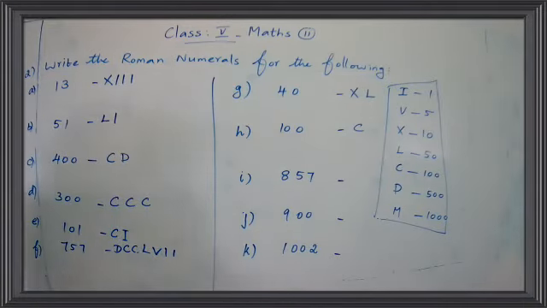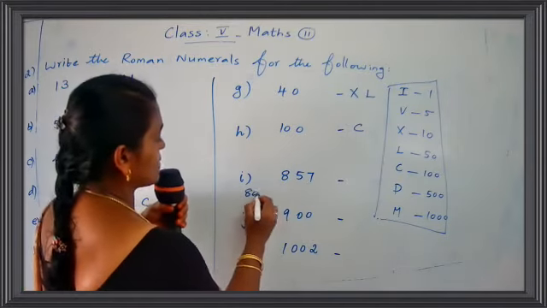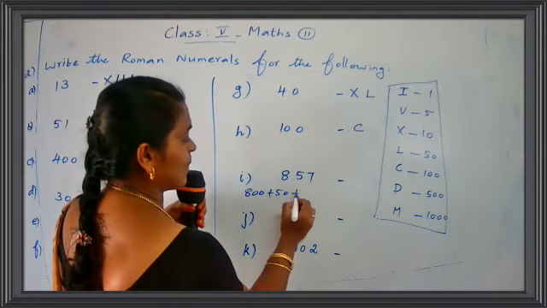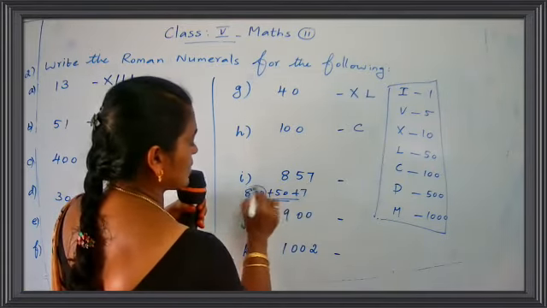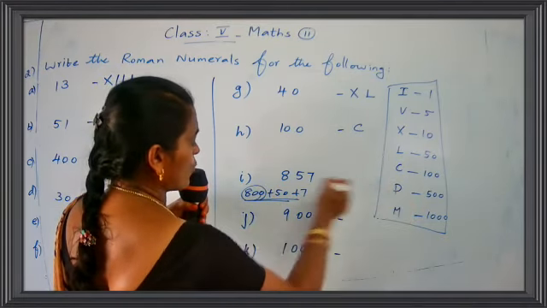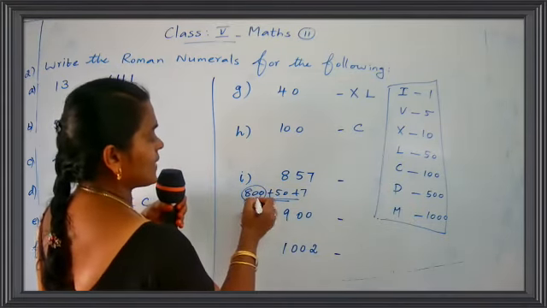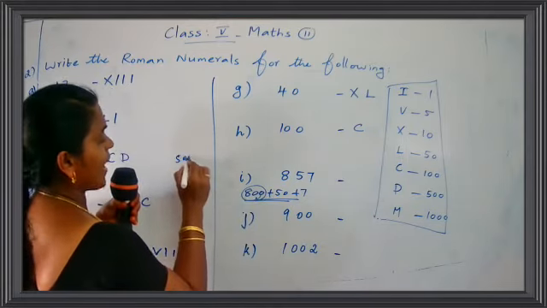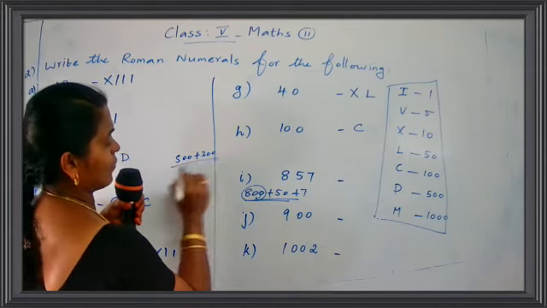857. So same. Okay. 857 can be written as 800 plus 50 plus 7. Here 800 has no Roman numeral. So again you split. 800 can be written as 500 plus 300. Okay children.